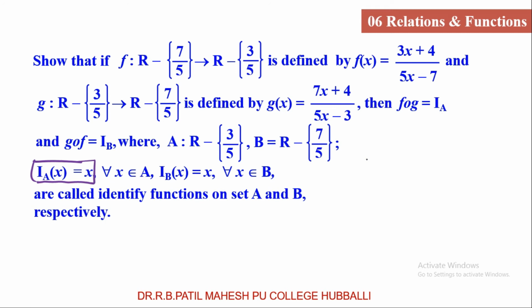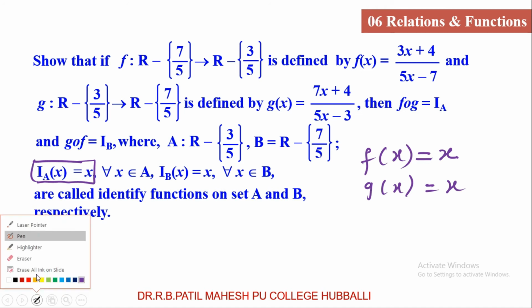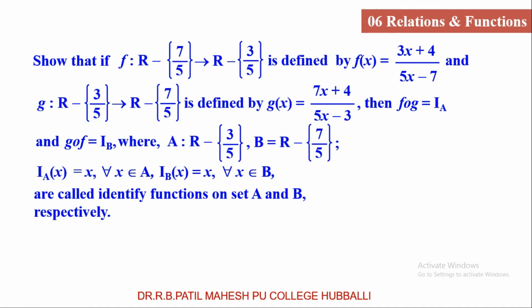Hope you remember the identity function. To say f is identity, f of x is equal to x and g of x should be x. So these are called identity functions. So taking this, I have to prove f composition g is identity function, g composition f is also identity function. Let me have the solution of this one.